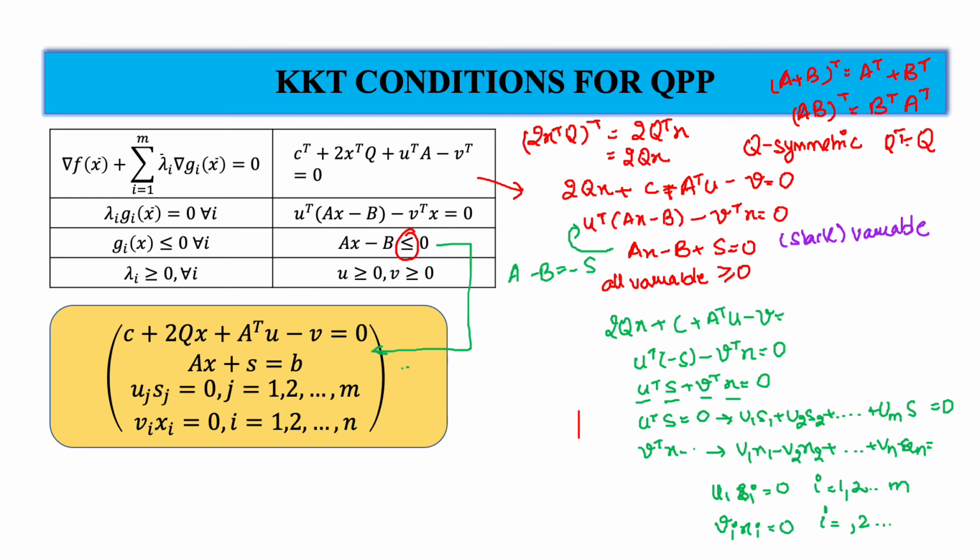Then from these two conditions, and last, which is not written here, all the variables are greater than or equal to 0. Okay, so these are the KKT conditions for the QPP. All the variables must be non-negative.